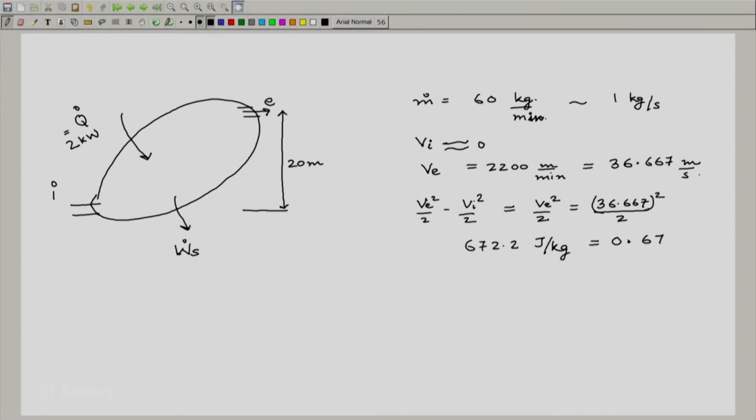It is 0.672 kilojoule per kg, and you would have noticed that Ve was even lesser than 50 meters per second, and hence we do not expect this term to be big.